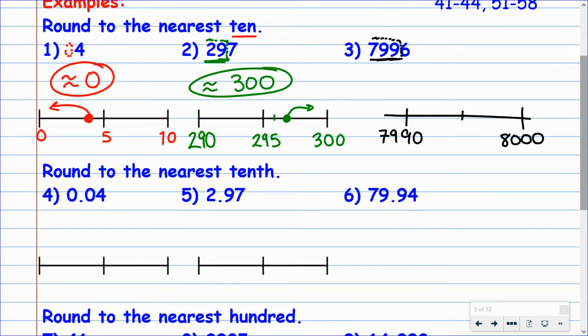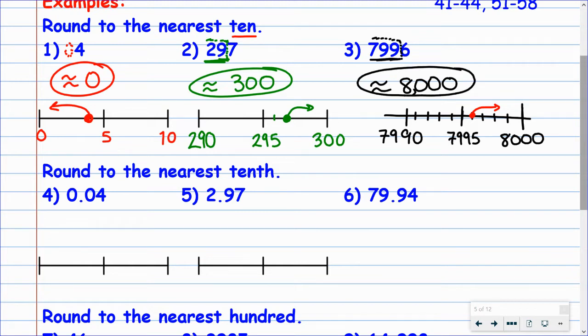All right, what's right in the middle of these two quantities? 7,995. Think about 91, 92, 93, 94, 95, 96, 97, 98, 99, and there's the next 100 up. All right, we have, in this case, 7,996. And therefore, if you were to round this quantity to the nearest 10, it would be closest to 800 tens, 800 $10 bills. You, of course, can write 8,000 if you wish.